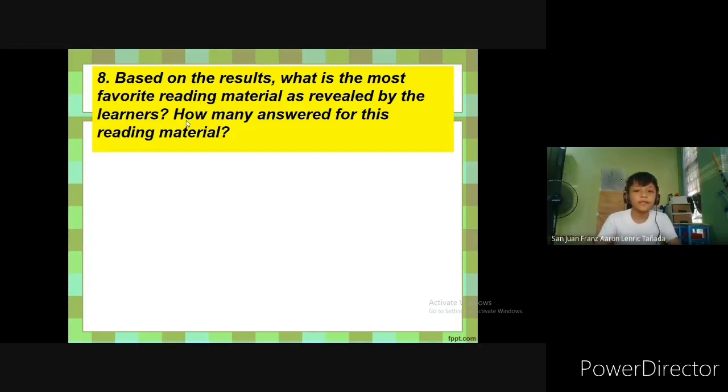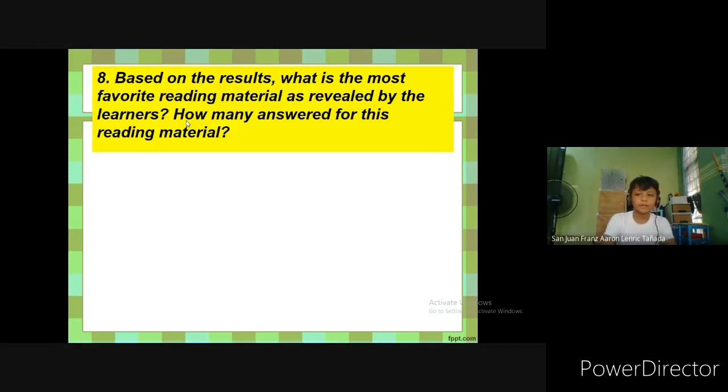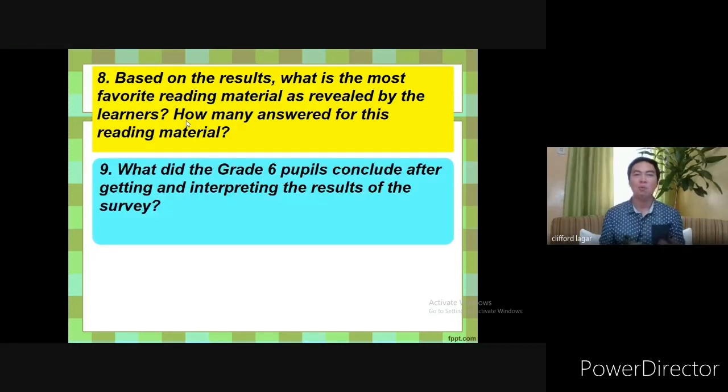The most favorite reading material is picture books. Okay, picture books, correct. And how many answered for this material? 63. Correct, 63 learners.